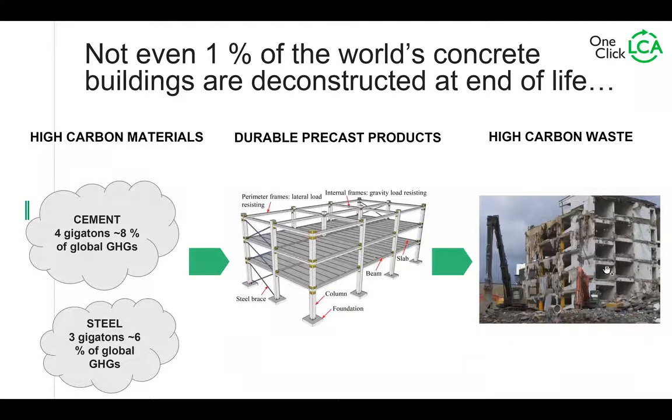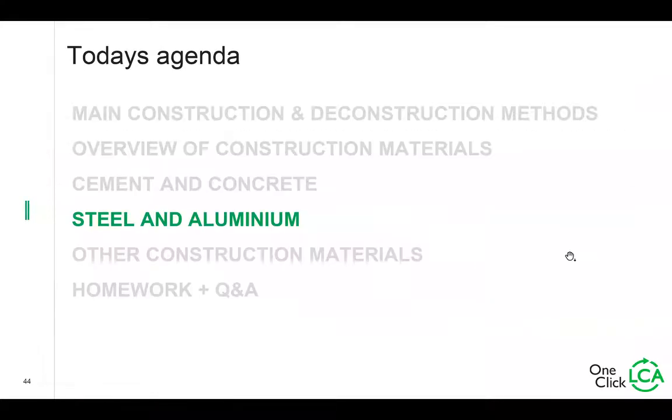So we have the highest carbon waste you could find. It's not very clever. If you happen to be an early career professional, hopefully you will be able to have a fresh start into this. And if you're already in working life for some time, hopefully this presentation gives you some ideas what to do about it. So that's cement and concrete.